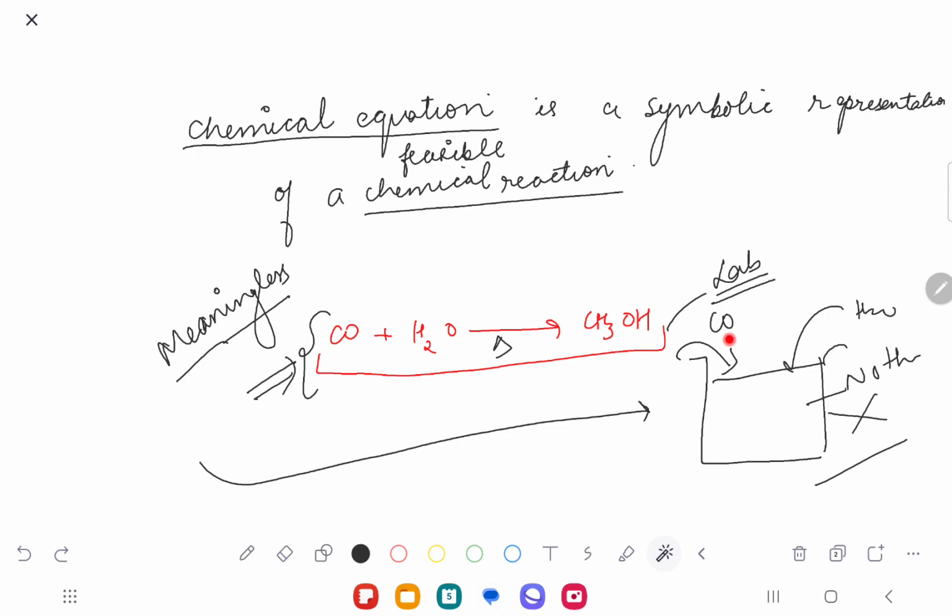Which means I can write down a chemical equation to express on the page how a particular reaction happened in the laboratory. Are you understanding? So when I say H2 plus O2 gives me H2O, in the laboratory, if I mix hydrogen and oxygen and I heat it, I must get water and I will get water.